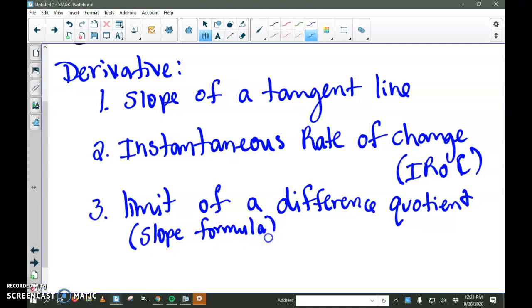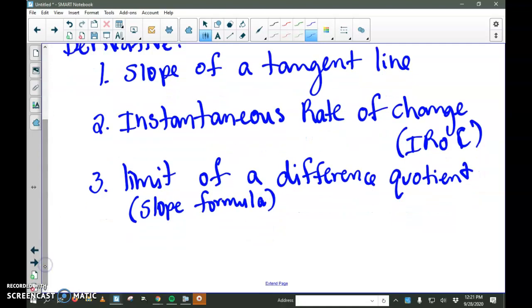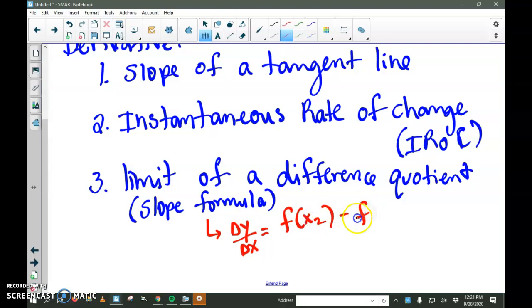Quotient means division, difference means subtraction. So, change in y over change in x. Remember that slope formula is change in y over change in x, or the output for x2 minus the output for x1 divided by x2 minus x1. This is a difference quotient.